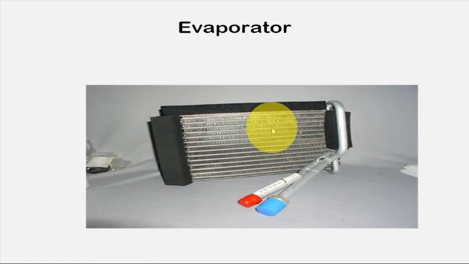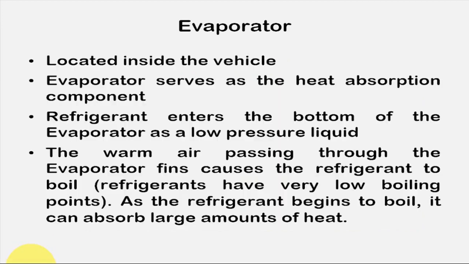Here your evaporator is there, which will absorb the heat from the surrounding space. Through this evaporator coil, refrigerant will flow and absorb the heat. The evaporator is located inside the vehicle, so it serves as the heat absorption component.